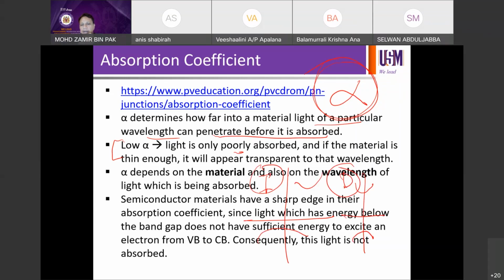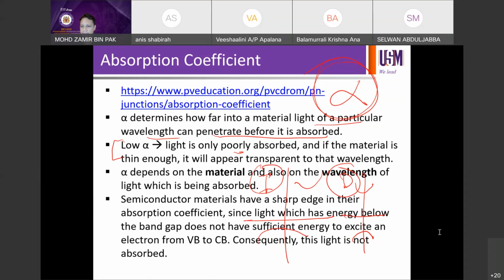Between indirect and direct, which one do you think has higher alpha? Based on the previous knowledge, which one is more efficient at absorbing the light?